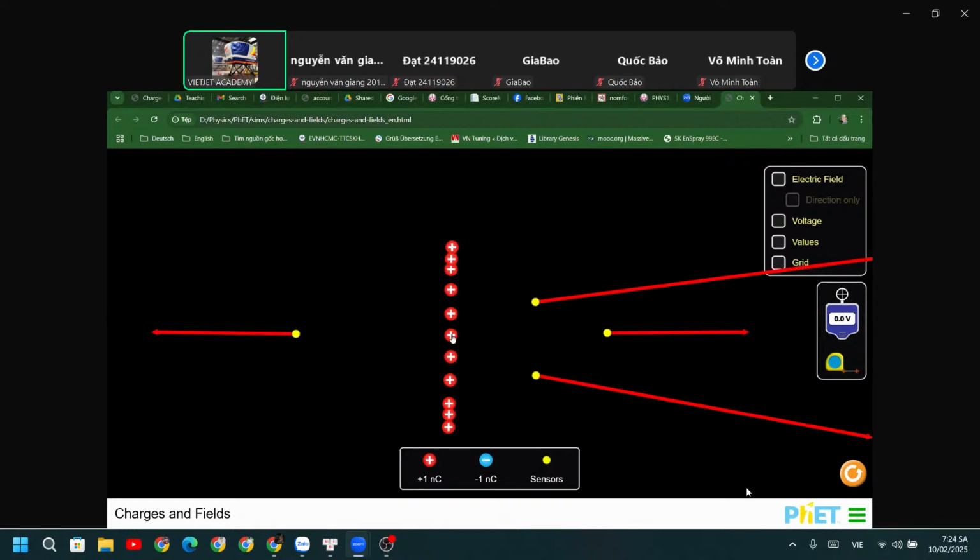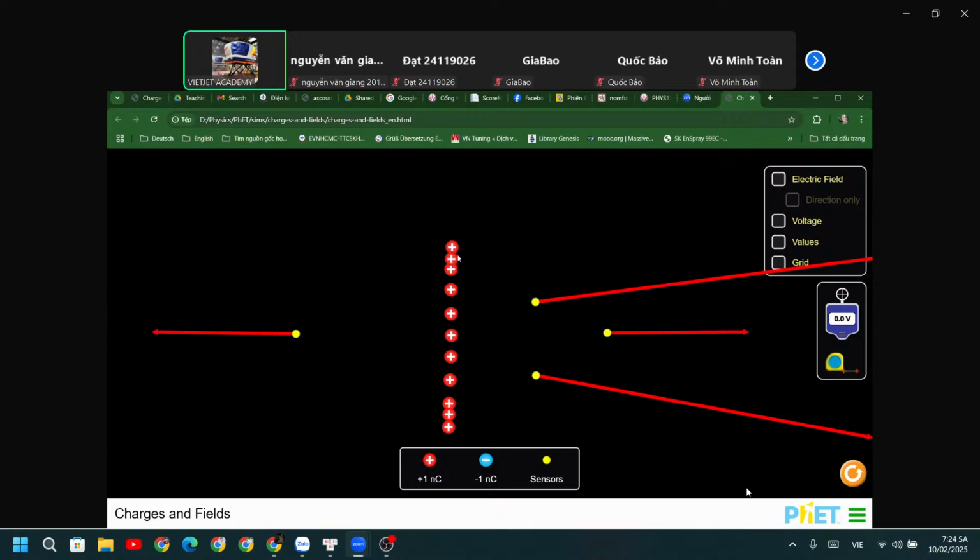This point is the midpoint of the segment. So we can conclude that if you calculate the electric field at a point on the line perpendicular to the segment through its midpoint, then E is perpendicular to the segment. Clear?